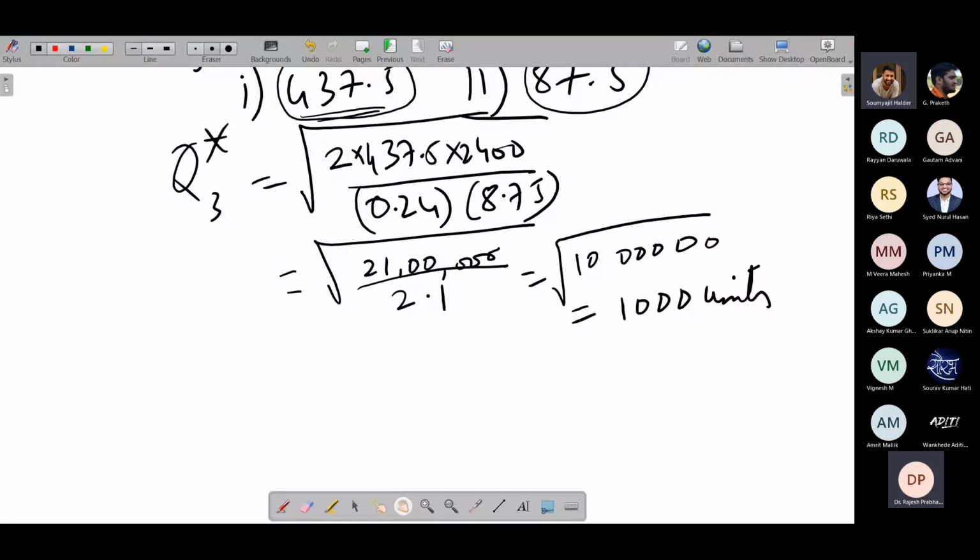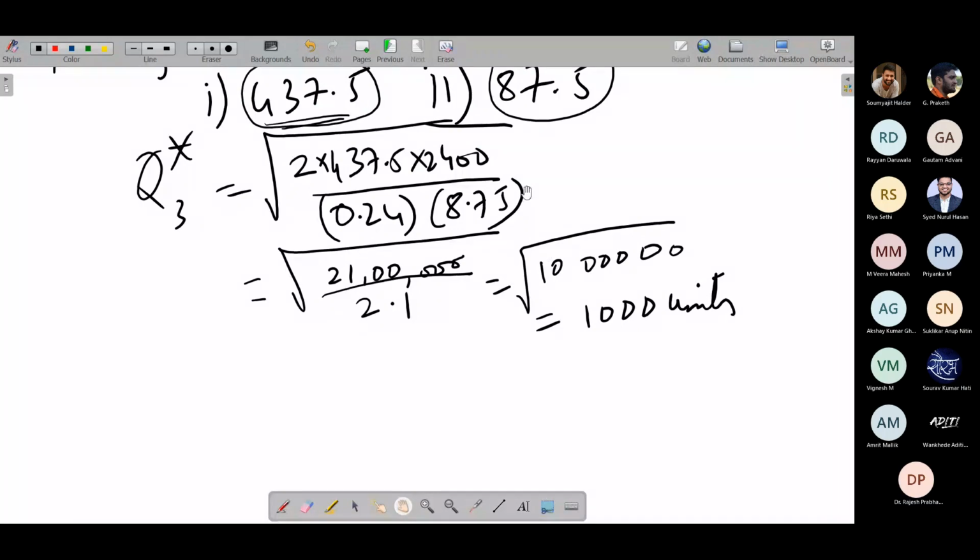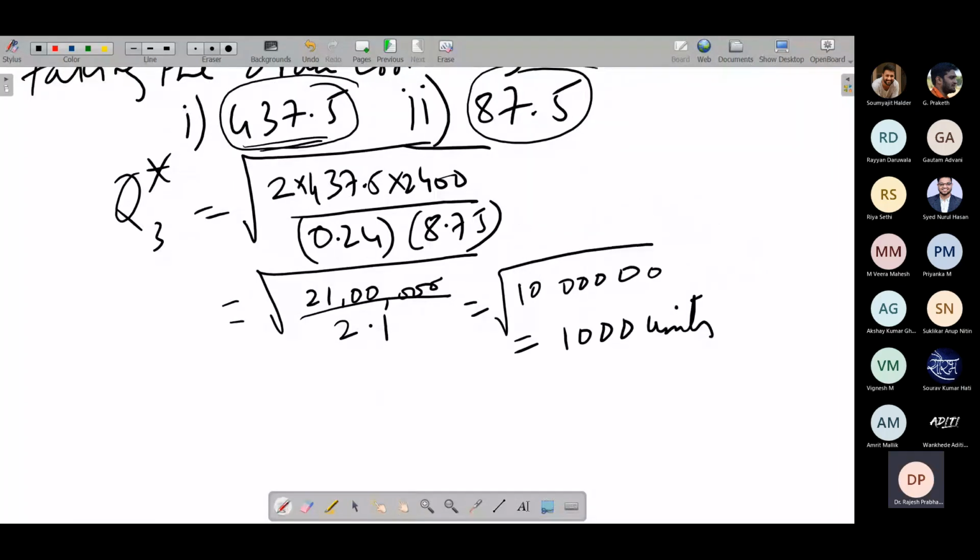Why Q3 star? Because we have taken price 3, which is 8.75. Got it? Yes, sir.